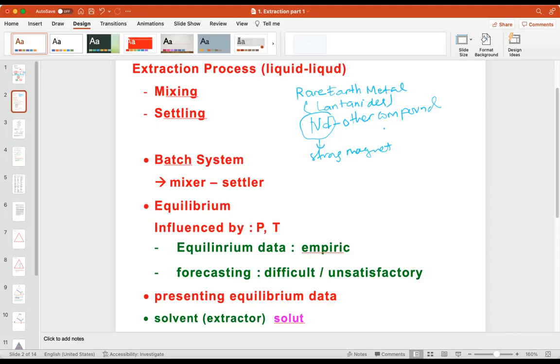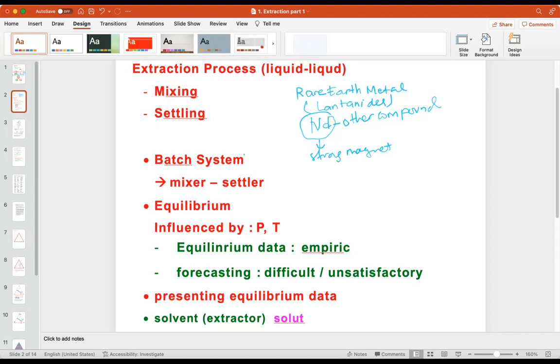For neodymium and other compounds in rare earth metals, because they have very similar properties, they may need 90-something stages. How to calculate that is what we're going to do.